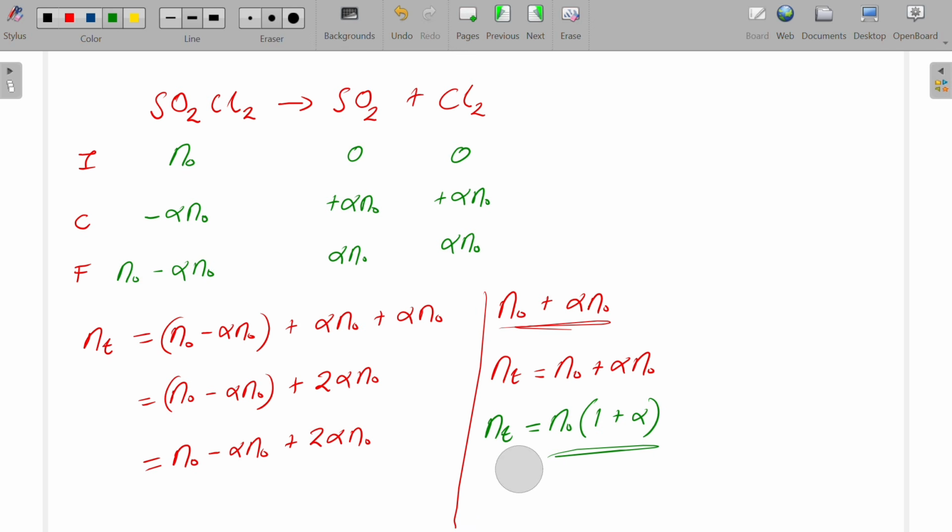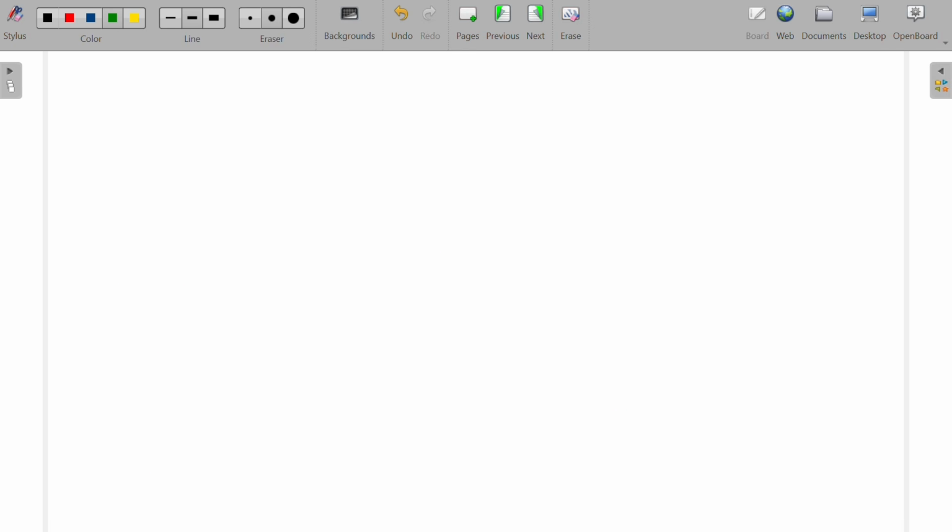After finding the total number of moles, our next step is to find the degree of dissociation. We want to find what we can replace for the degree of dissociation here. So let's go ahead and find that. To find the expression that will represent the degree of dissociation, we're going to apply the decay formula.